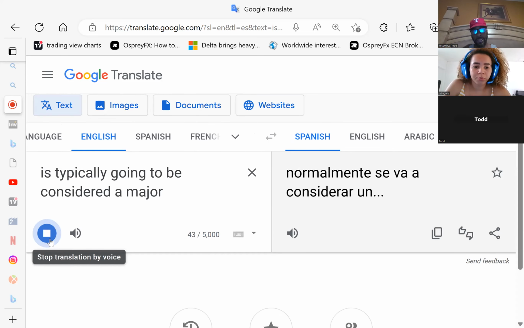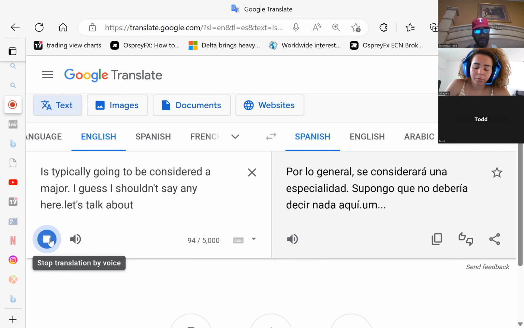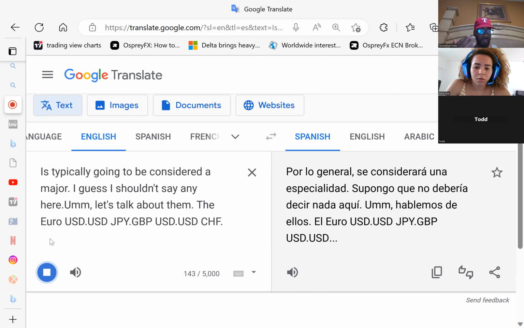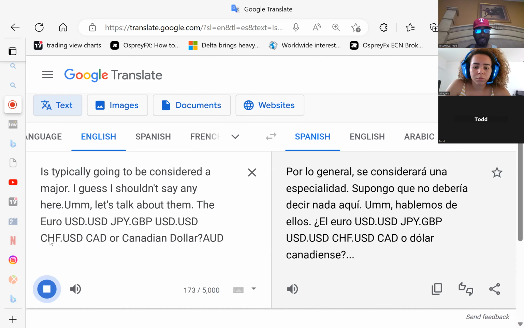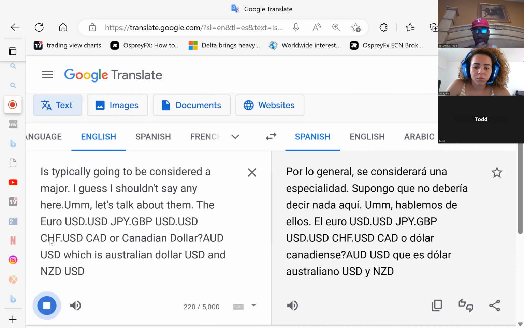I guess I shouldn't say any pair. Let's talk about them. The EUR/USD, USD/JPY, GBP/USD, USD/CHF, USD/CAD or Canadian dollar, AUD/USD, which is Australian dollar USD, and NZD/USD. Those are all considered the majors.